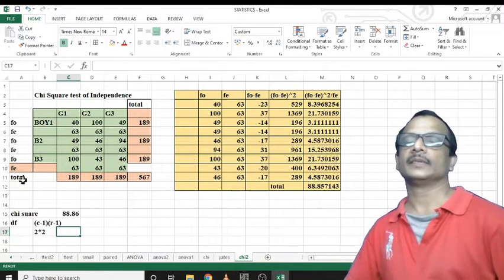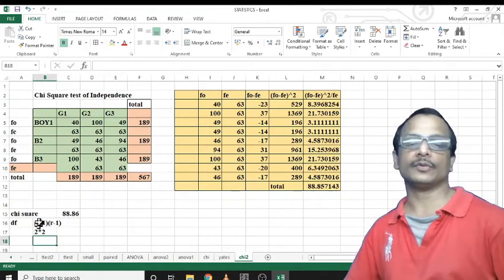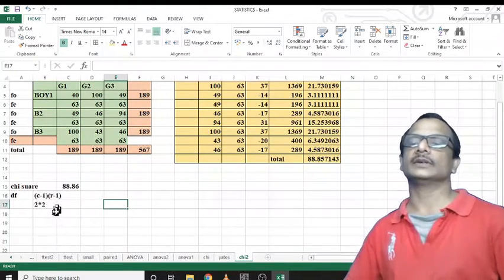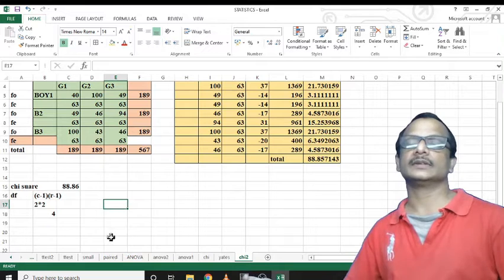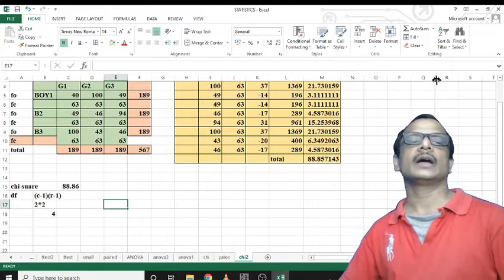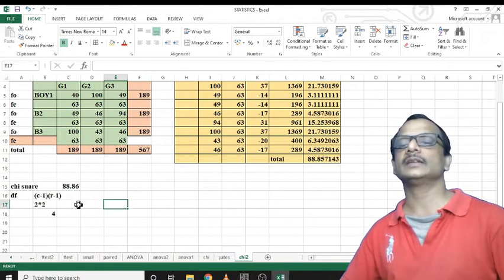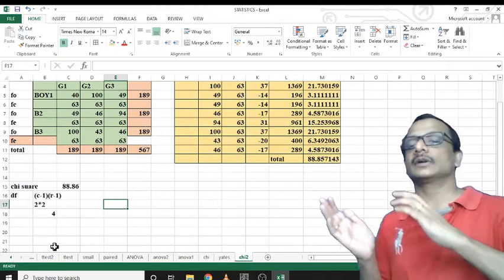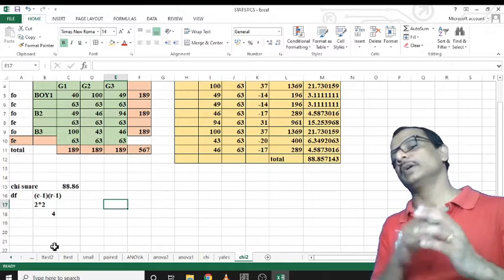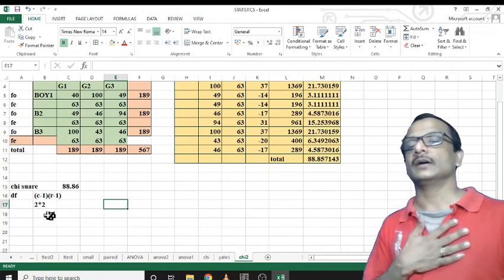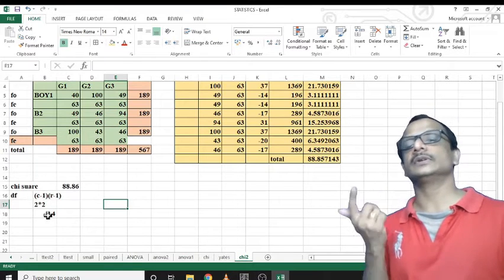Then we use this 4 as our degrees of freedom. We select the table, and in the table we use the chi-square value for degrees of freedom 4, and we compare this 88.86 with the value in the table. If the chi-square value is more than this table value, there exists a difference.